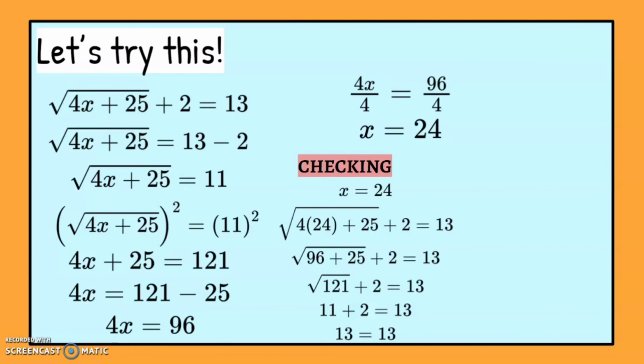Square root of 4 times 24 is 96, plus 25, so we have square root of 121, plus 2 must be equal to 13. Square root of 121 is 11, 11 plus 2 is 13. As you can see, they are equal. Then, 24 is a solution to the given equation.